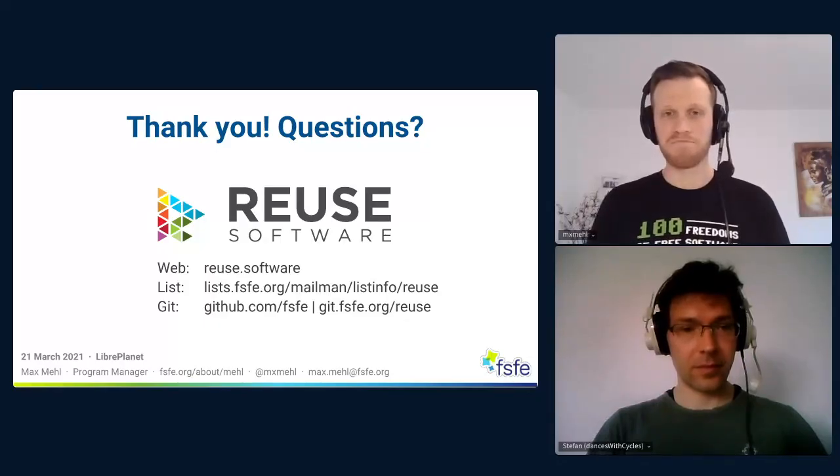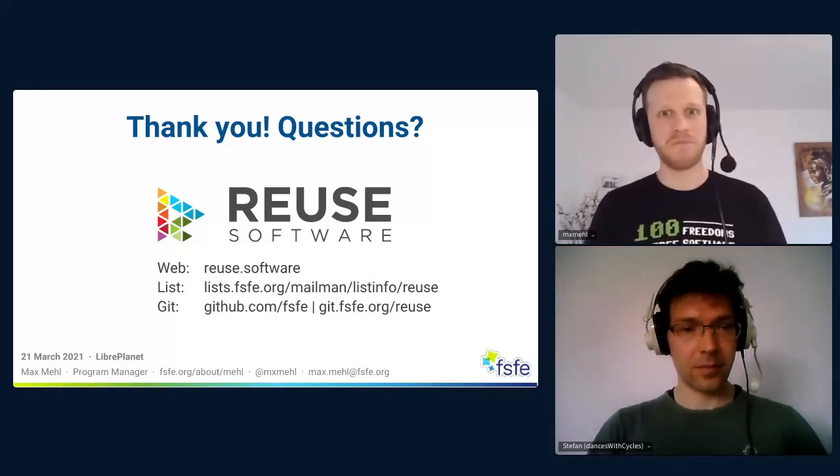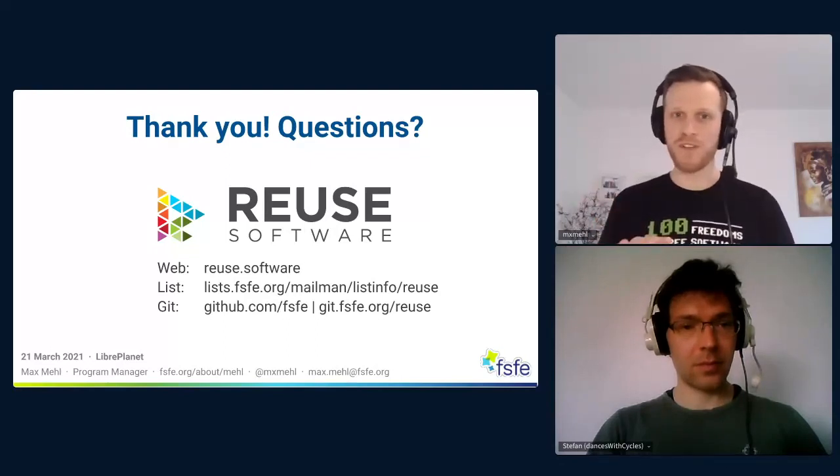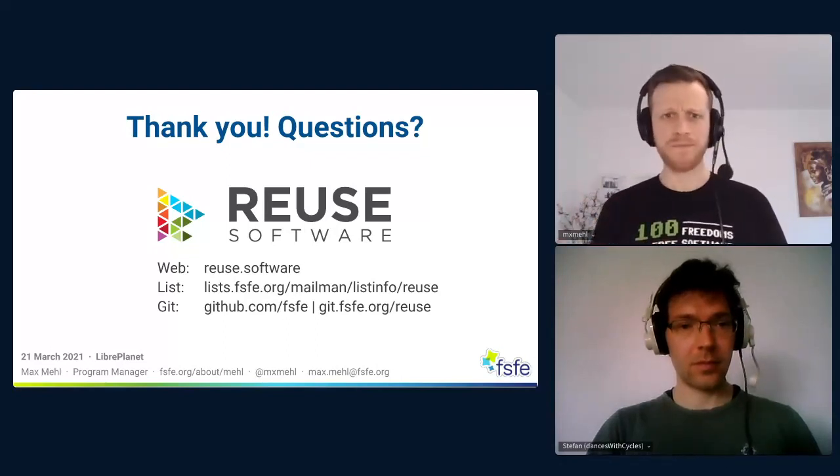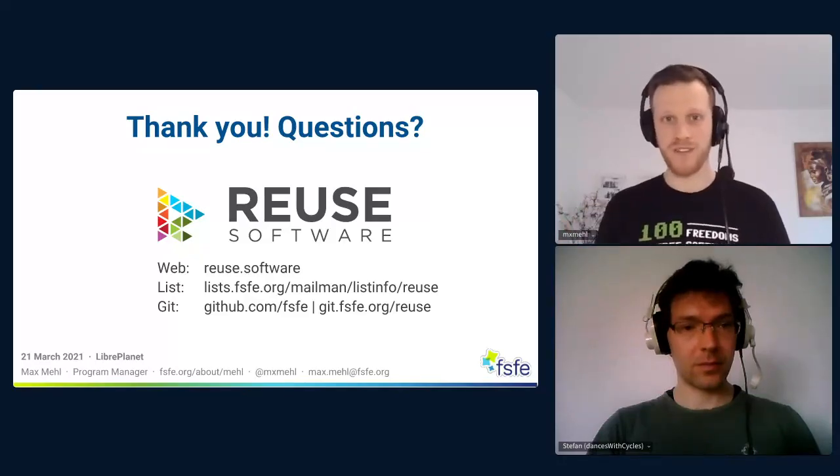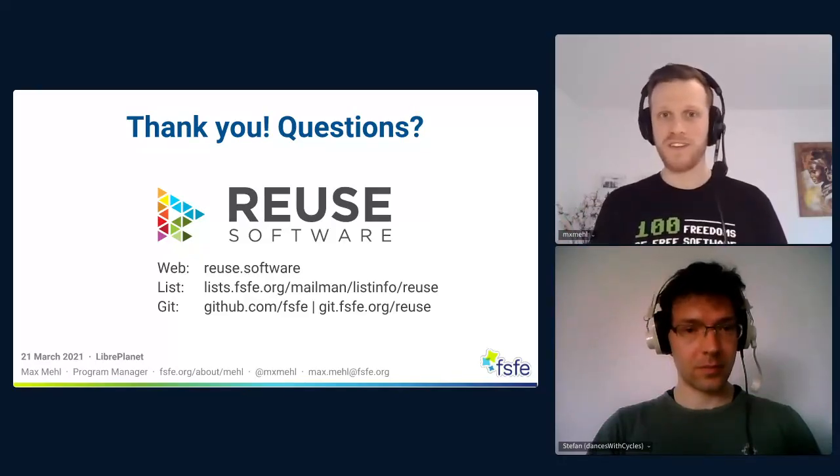Other than that, this brings me to a more general topic. We have been asked so many times about whether we want to integrate more functionality in REUSE, like security checks or more meta information. And in the end, we always said no to those things, because copyright and licensing itself is already quite complicated.